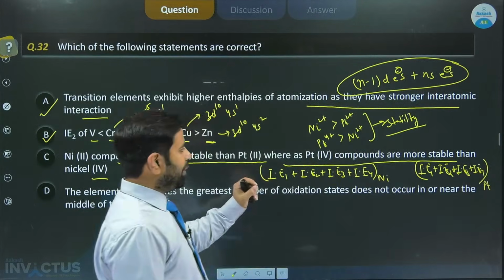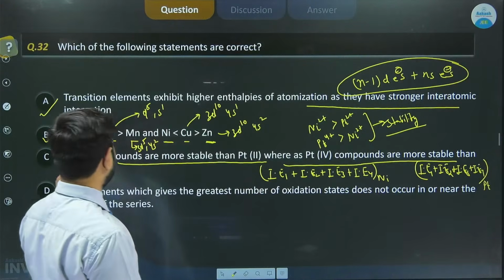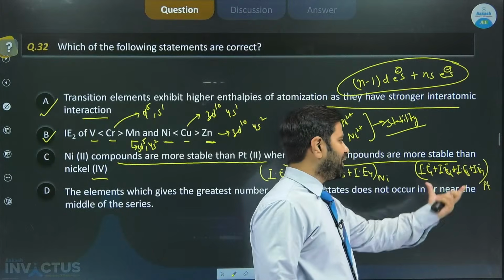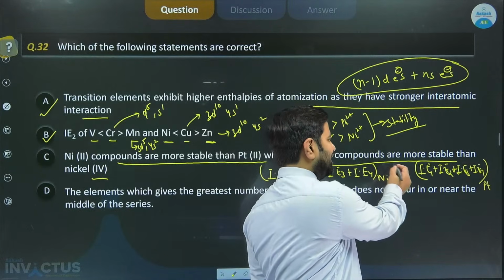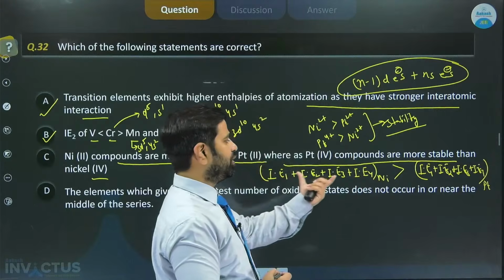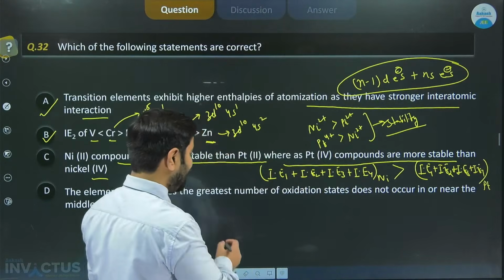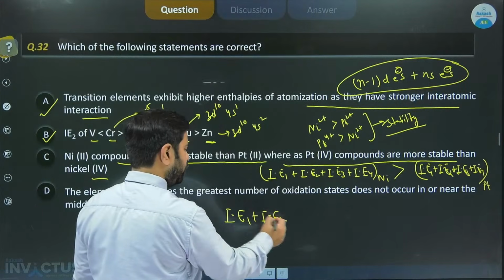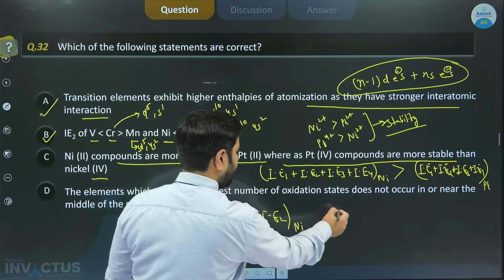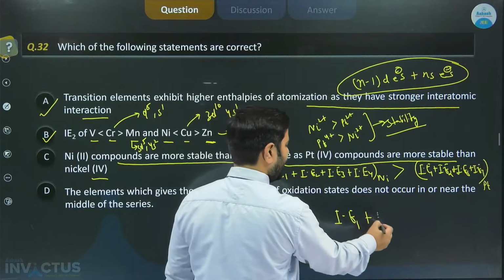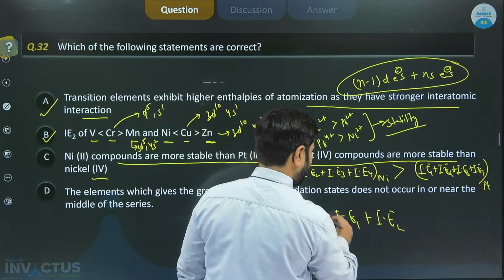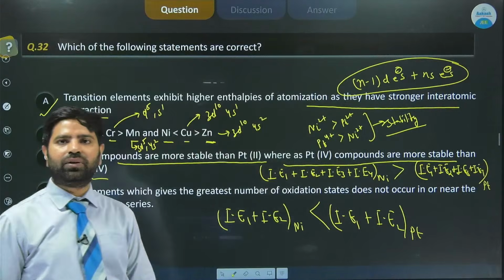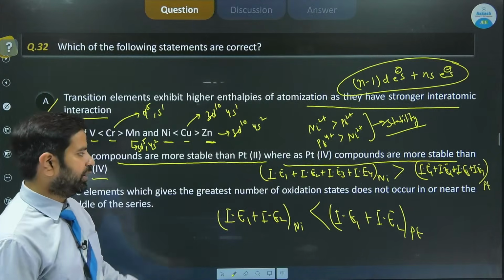If platinum 4+ compounds are more stable than nickel, the sum of the four ionization energies of platinum would be less than the sum of the four ionization energies of nickel. But the sum of I1 and I2 of platinum is greater than that of nickel. That is why platinum 2+ is less stable than nickel 2+.